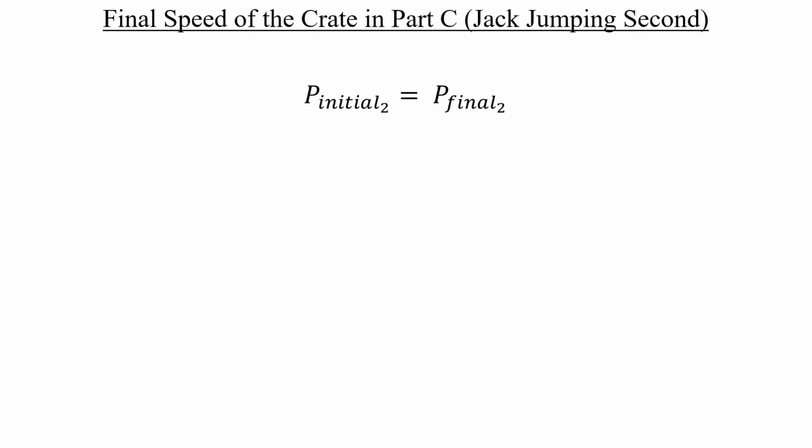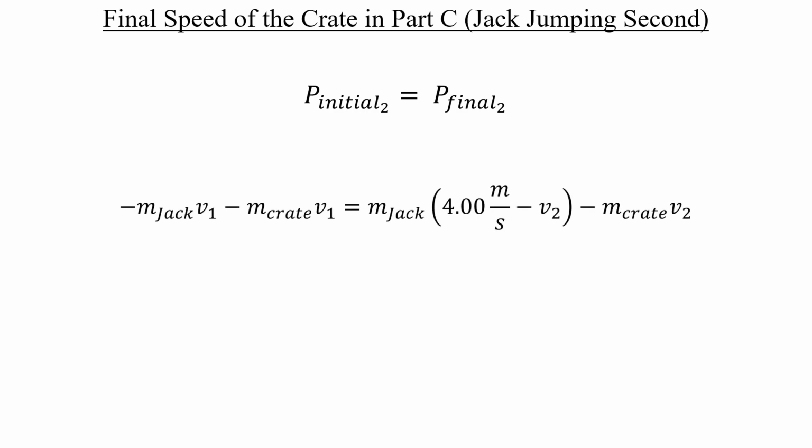The initial momenta of stage 2 is negative, consisting of Jack and the crate moving to the left at speed v1. The final momenta will be the sum of Jack's positive momentum as he jumps to the right and that of the crate moving to the left at this new v2 speed.